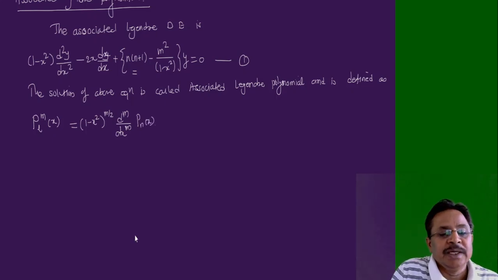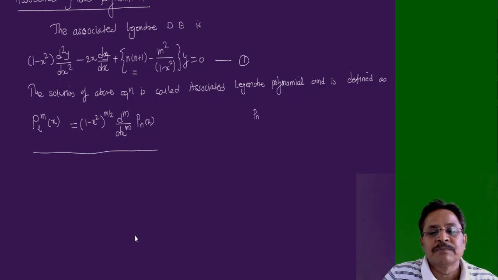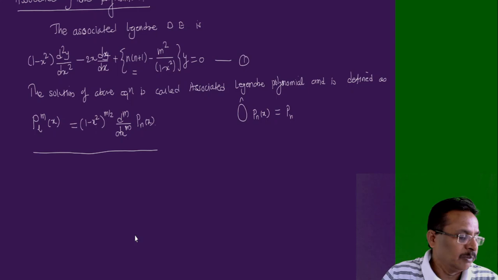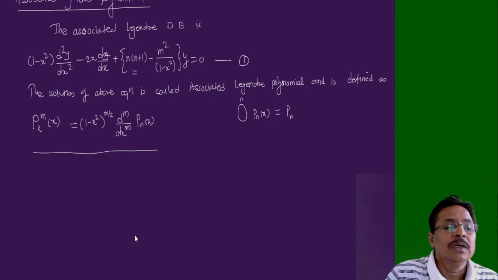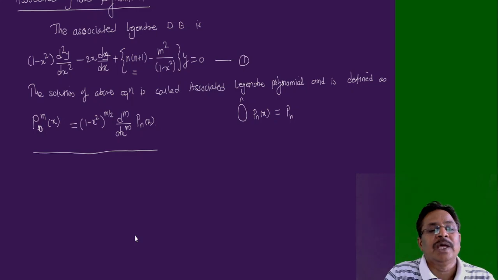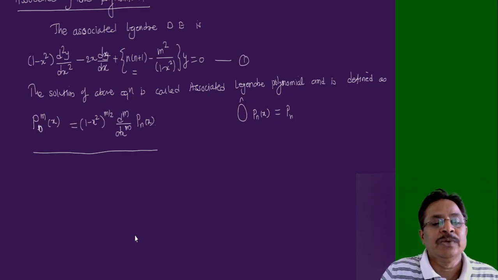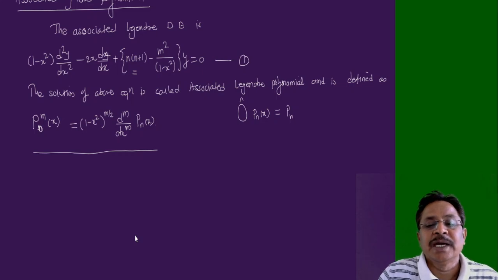So it is very easy to understand this statement. Let's write this n, not L, because we are using n there. P_n^m is equal to (1 minus x square) raised to m by 2 into d raised to m upon dx raised to m of P_n of x. That means operating this operator on P_n of x, I get P_n^m of x.